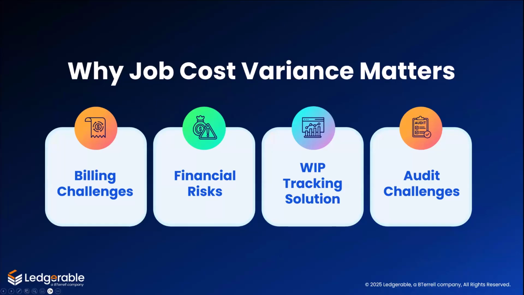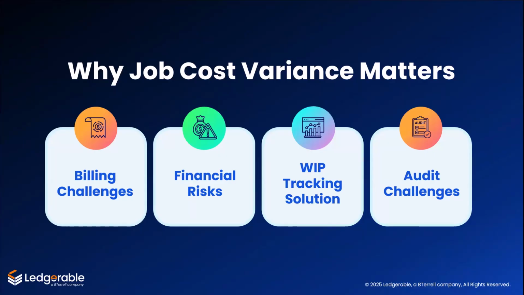When companies don't have real-time WIP, we often see the same problem. Overbilling, where PMs invoice 100%, even if only 80% is done, inflating revenue. And underbilling, the opposite. The work is nearly complete, but billing lags, starving your cash flow. We also have spreadsheet chaos, where finance is chasing PMs for updates, PMs are chasing the subs, and the numbers never reconcile.